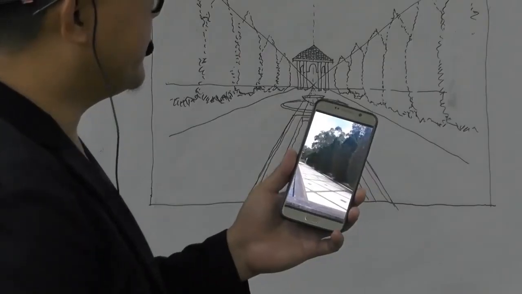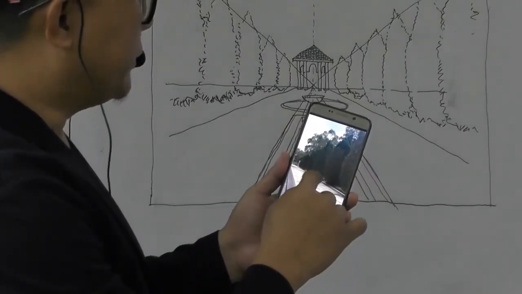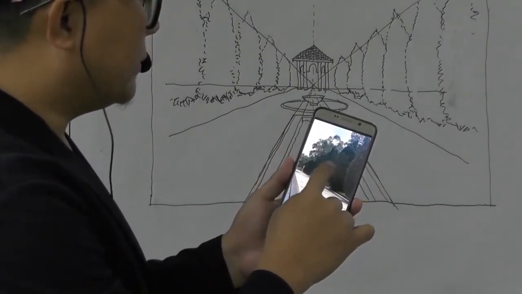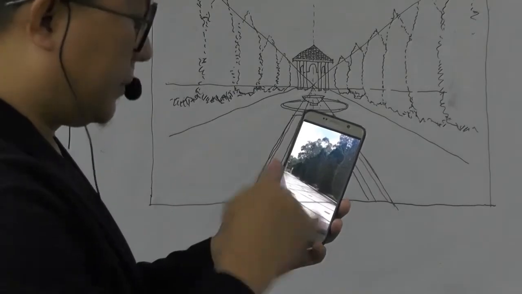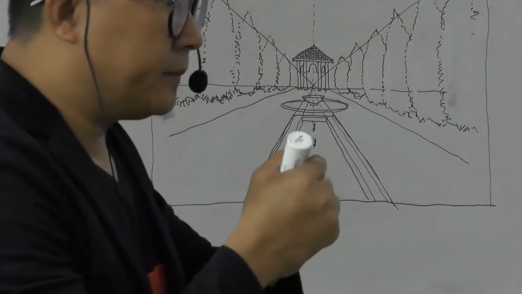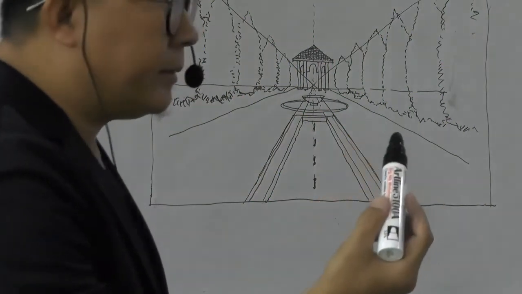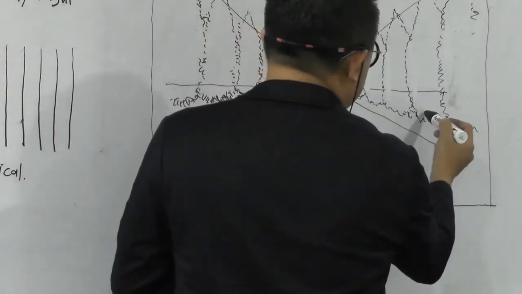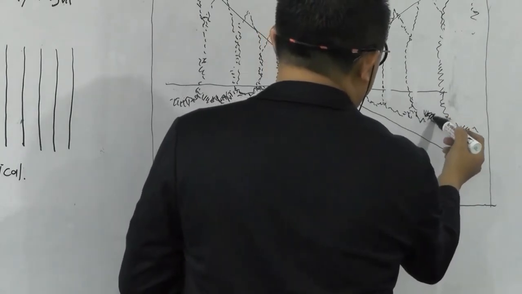If you look at the trees, they are in one tone, right? There are dark places and bright places, right? So how do we want to implement this? The way we implement it is that we use the thicker pen and you make the shadow of the trees.